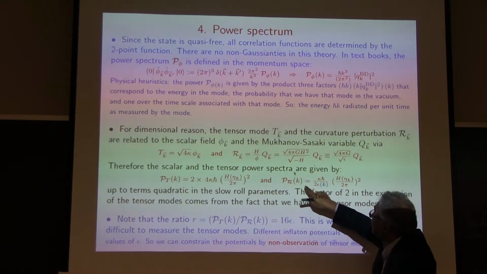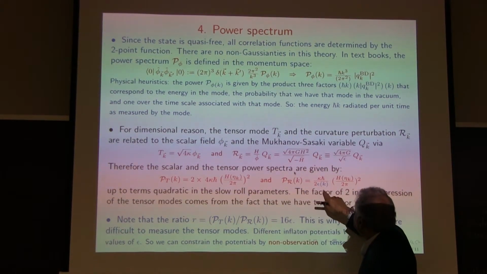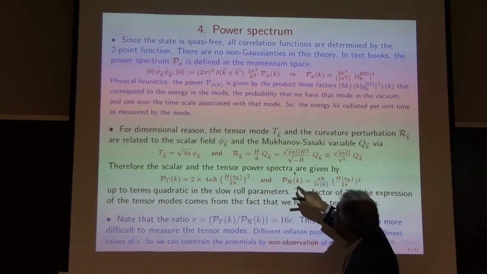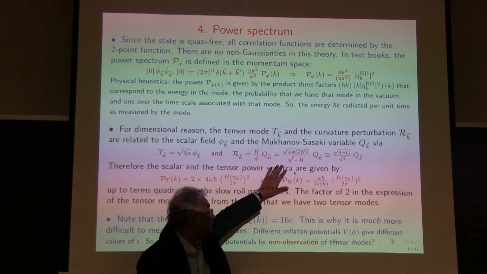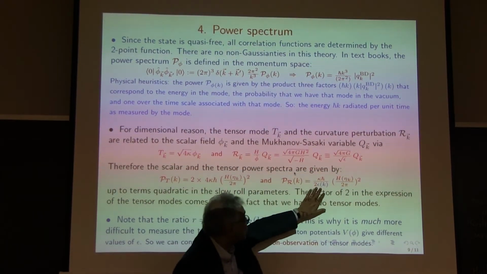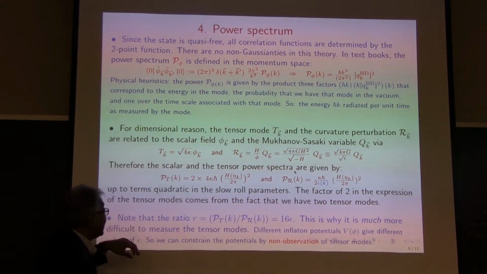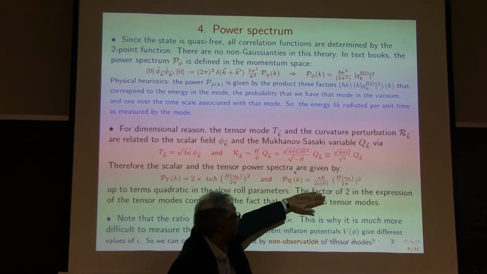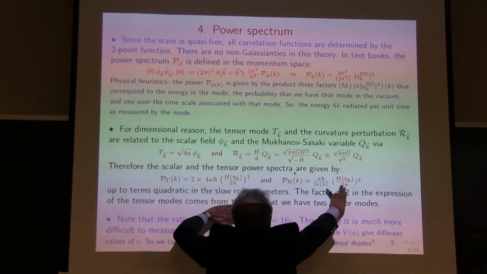But the important thing is that for the power spectrum of the scalar mode, we have got epsilon in the denominator, whereas in the power spectrum of the tensor mode, we do not have epsilon in the denominator. Epsilon is a small quantity, and therefore the tensor mode power spectrum, apart from numerical factors, is the same.